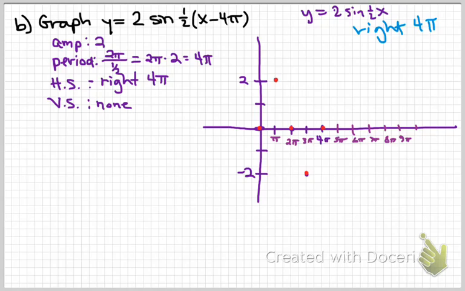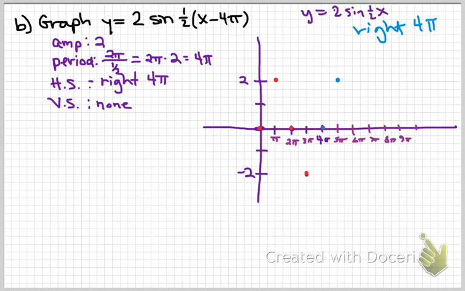So now when I take those red points and shift them all 4 pi to the right: the first one was at 0, so if I add 4 pi to it, that puts me in the exact same spot that the last point was at. The next point that was at pi, it's up at 2, but if I shift it over 4 pi, it puts it now at 5 pi.